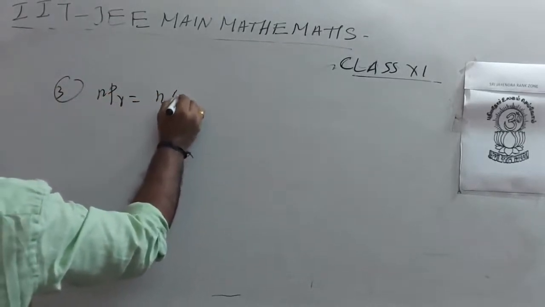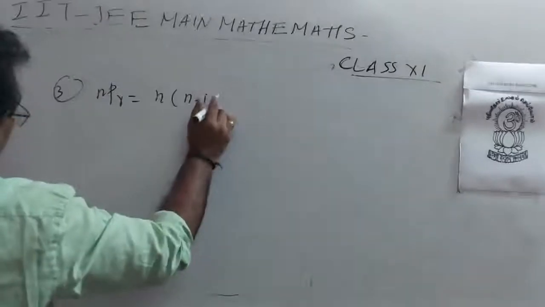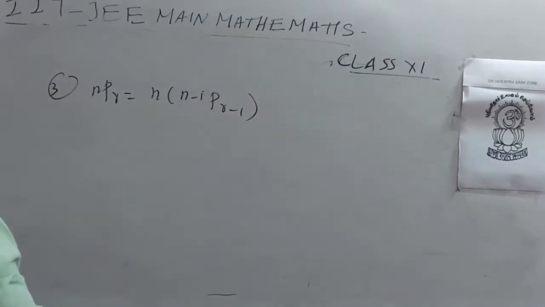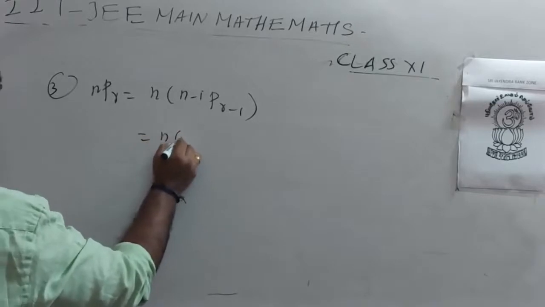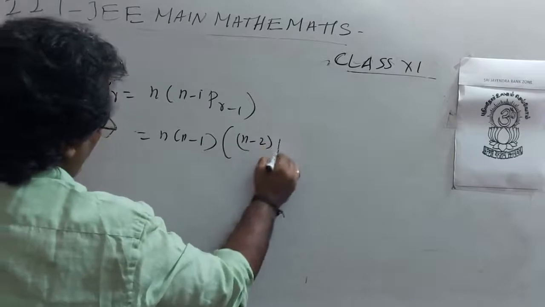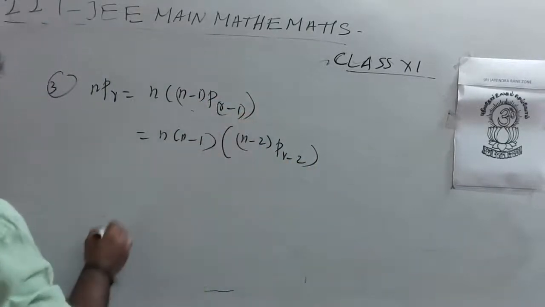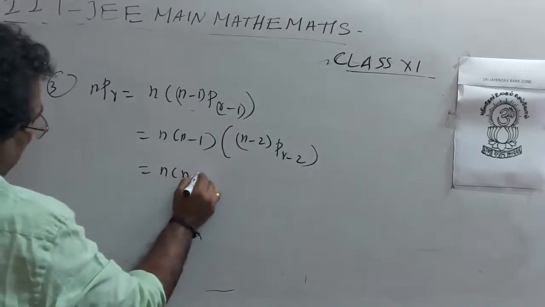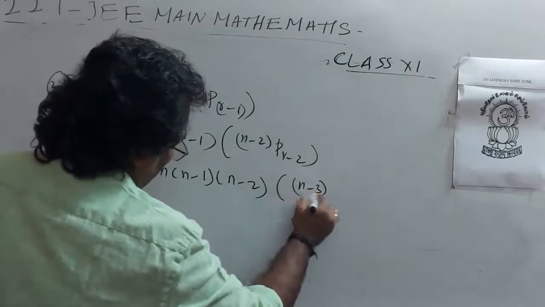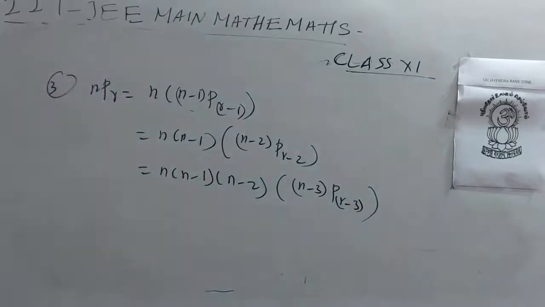nPr equals n into (n minus 1)P(r minus 1), which equals n into (n minus 1) into (n minus 2)P(r minus 2), which equals n into (n minus 1) into (n minus 2) into (n minus 3)P(r minus 3).